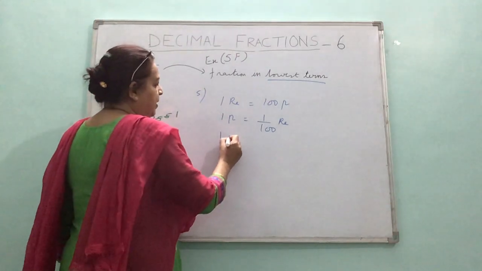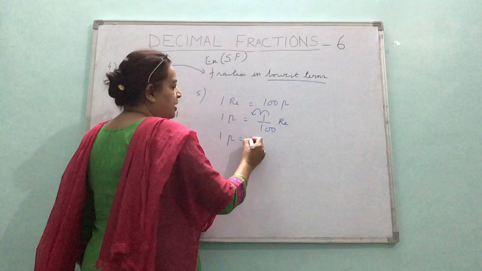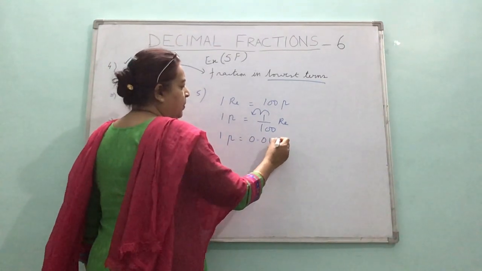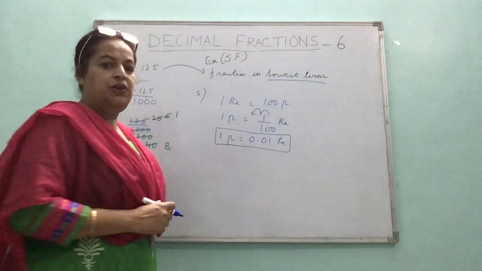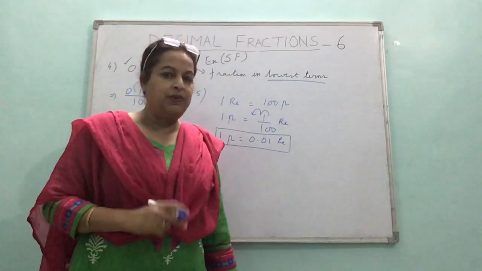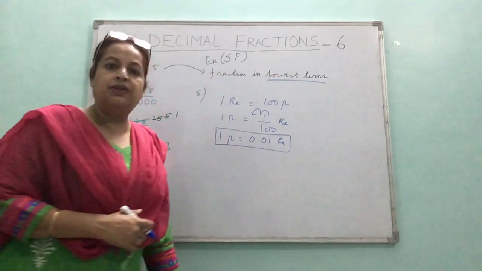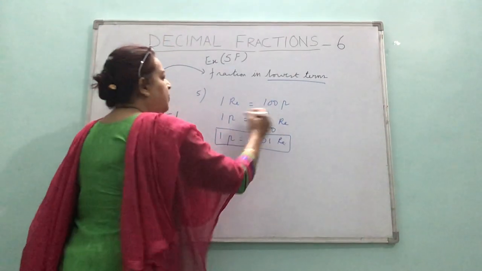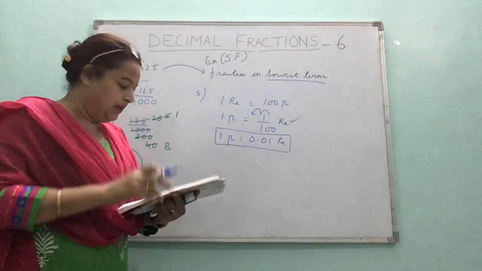That means 1 paisa, we convert to decimal, 2 zeros, 2 places, 0.01 rupee. So 1 paisa is how many parts of a rupee? 1 by 100th part of a rupee, and in decimals it is 0.01. So we divide by 100 to convert paisa to rupee. Okay, or 2 decimal places.